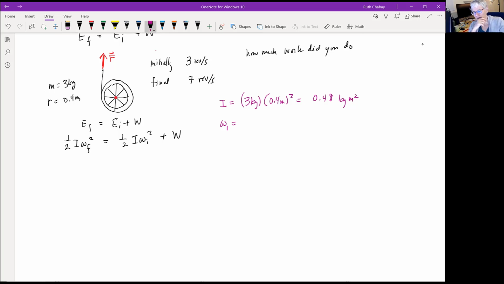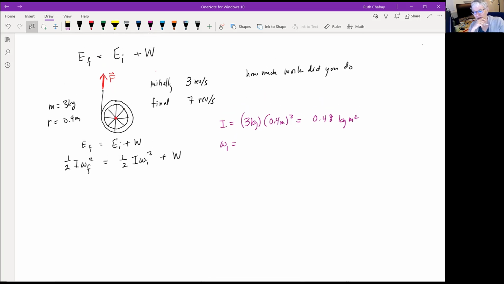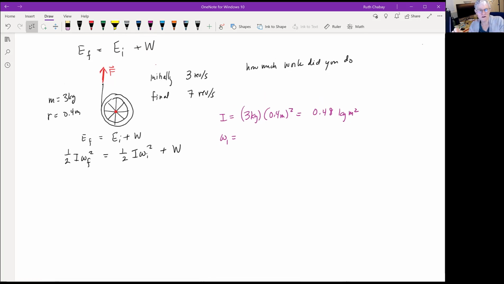Now, how do we get an angular speed out of being told how long it takes to go around? Well, the angular speed is just radians per second, so it goes 2 pi radians in a third of a second.